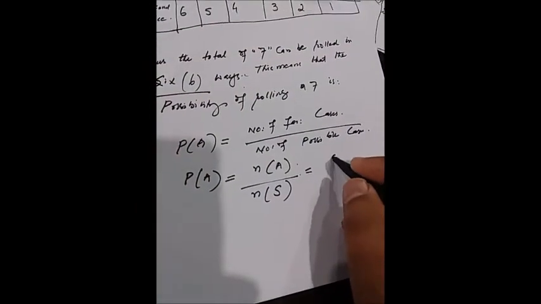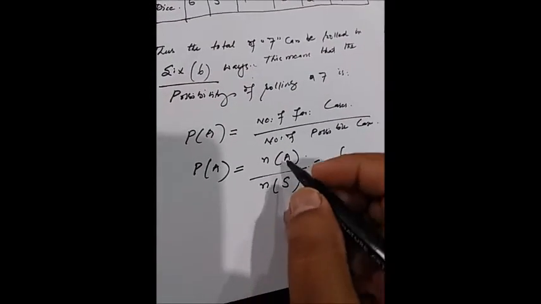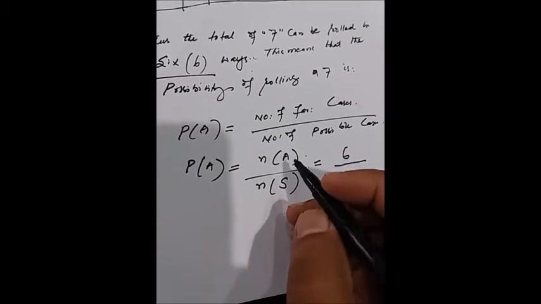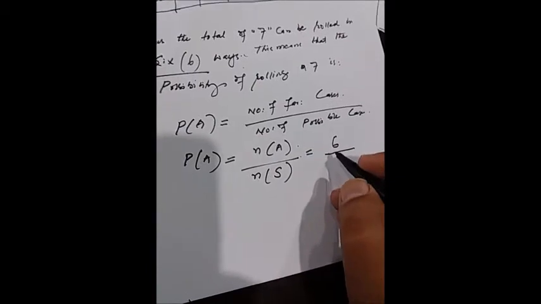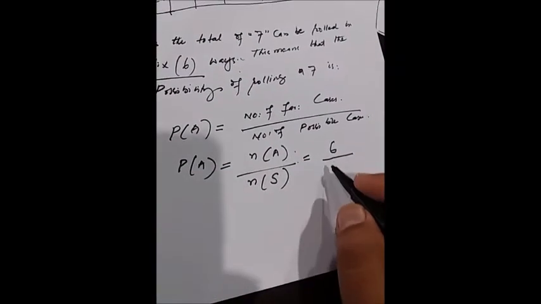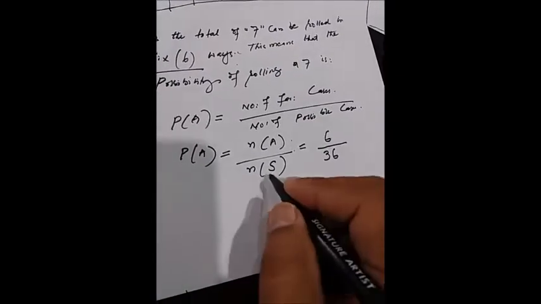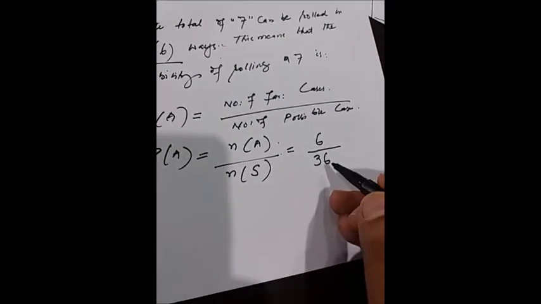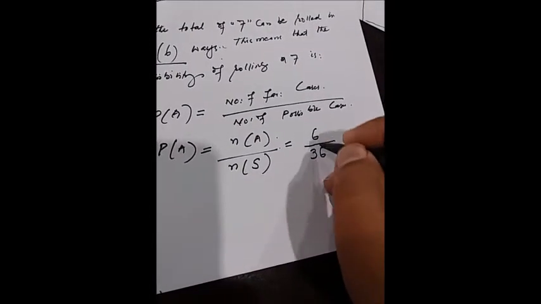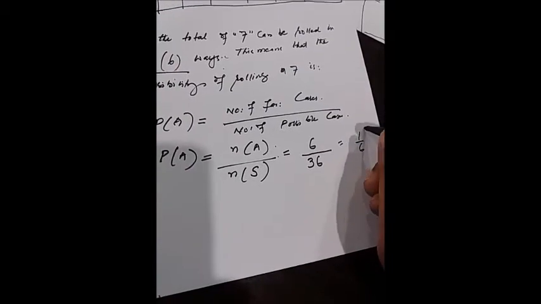We found the event, the 6 ways by which 7 can be rolled, from 36 sample points. So 6 divided by 36 is equal to 1 divided by 6.